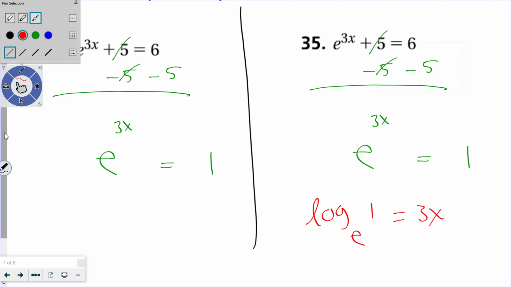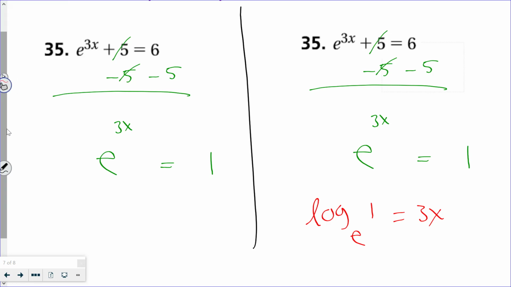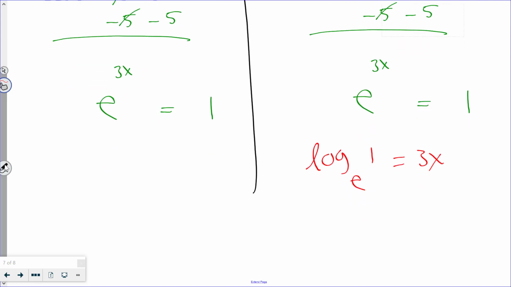What's the other way? Does anyone remember the other way? Angelina. We did the other way yesterday. Haley. Wait, I'm not sure. Would you bring down 3x? Yes, bring this 3x down. Remember, bring the exponent down.